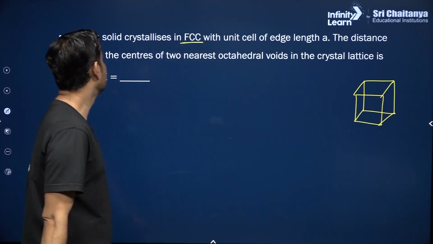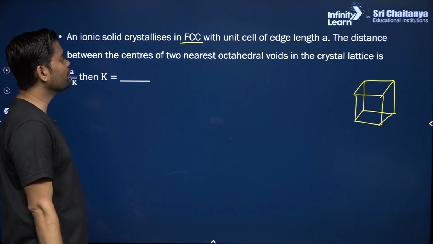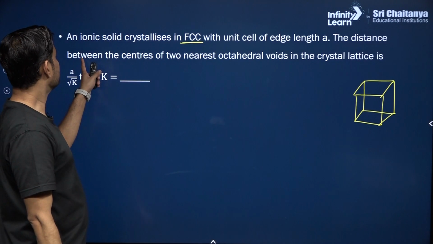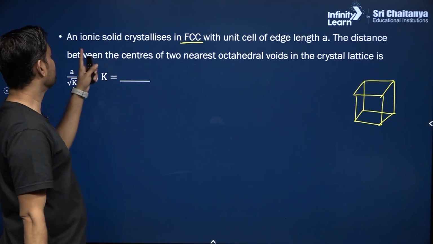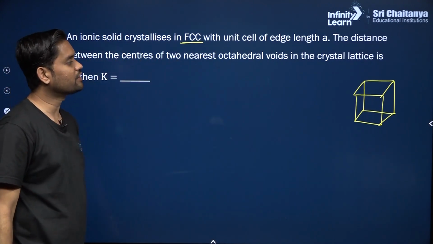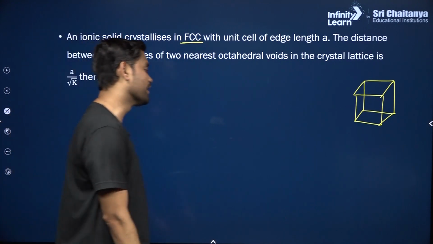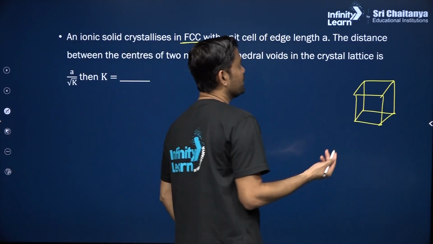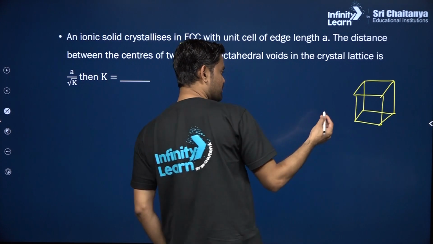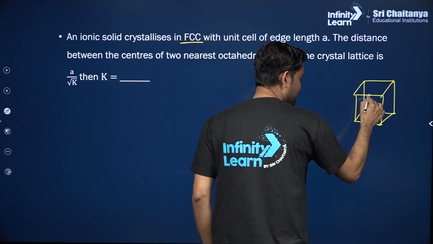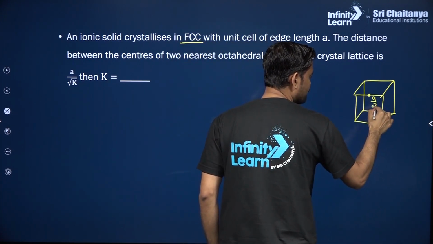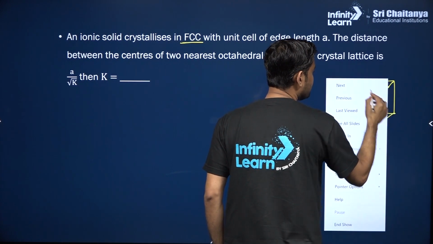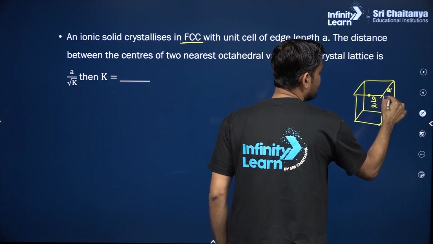Then the distance between the centers of two nearest octahedral voids in the crystal lattice. In FCC, you know that it is present along this somewhere over here, and the distance is a by 2. Similarly over here the distance is a by 2.